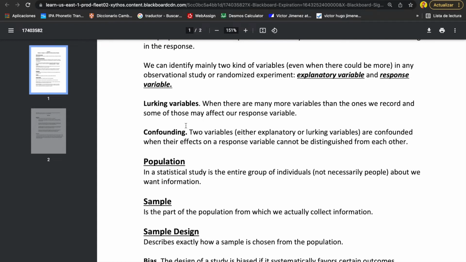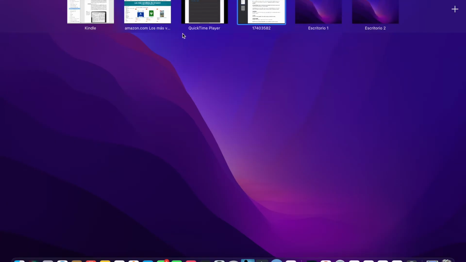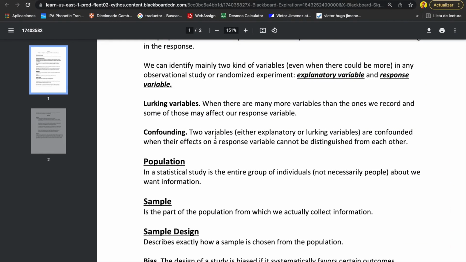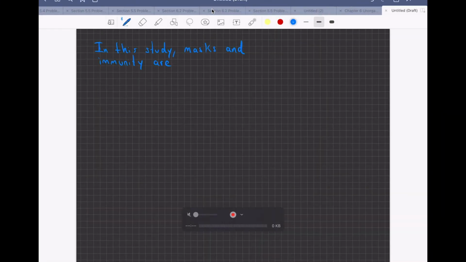In this study, mask and immunity are confounded. Why? Because again, it's hard to distinguish the effects of these two on the response variable. There you have it.